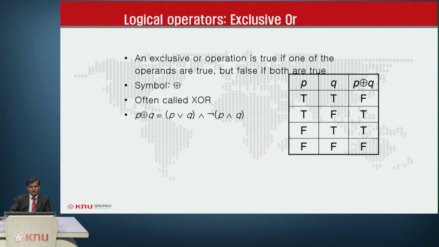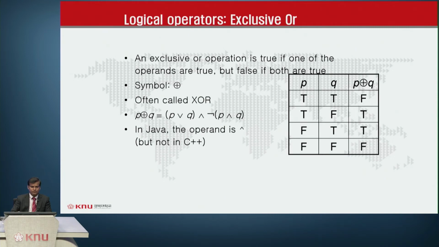And here is one equation that equates this XOR operation: P XOR Q is similar to (P or Q) and the negation of (P and Q). At times this might be useful for us to solve some logical Boolean equations. Later on you will see how you can use it.